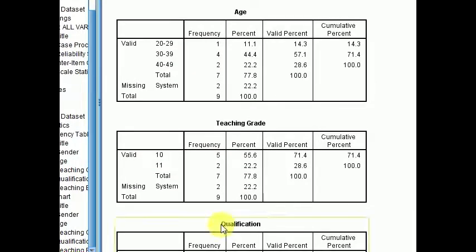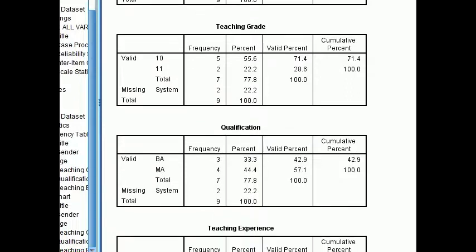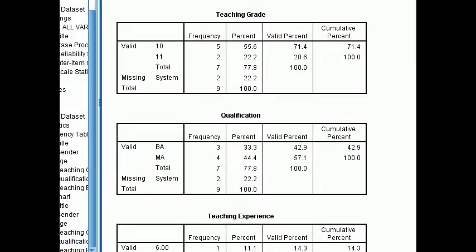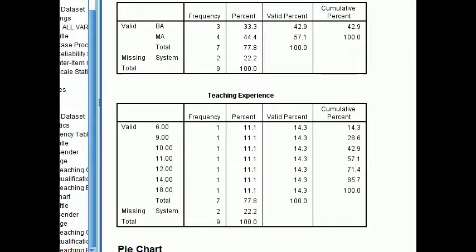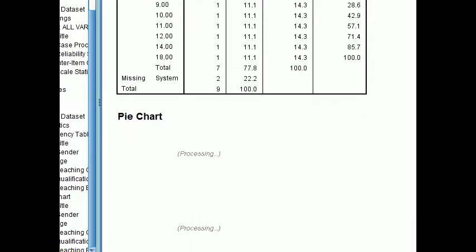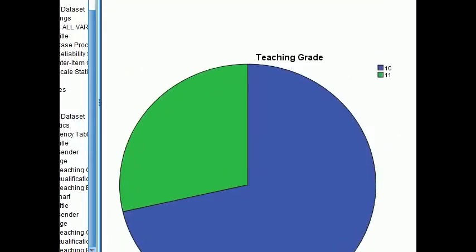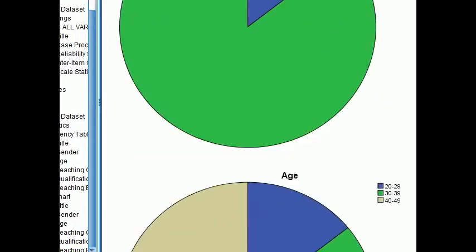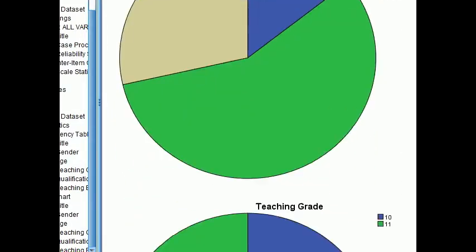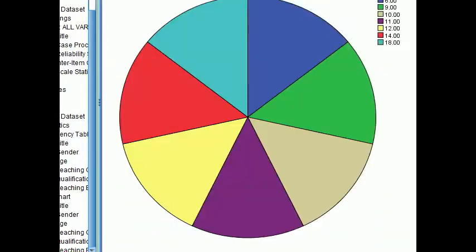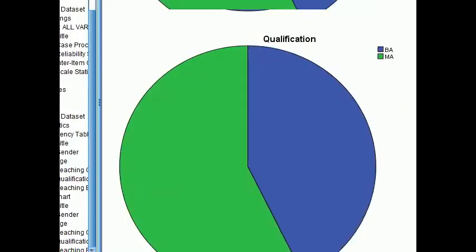And all that. Qualifications, 3 BAs and 4 MAs. Teaching experience, all this. Okay, there's a pie chart here, which you can do when you use SPSS.